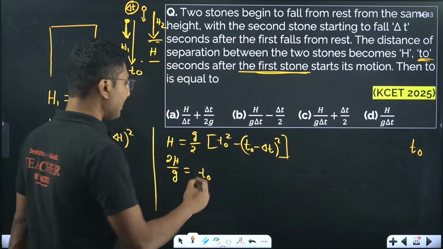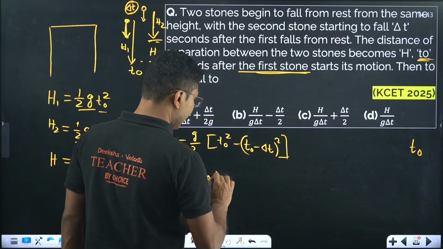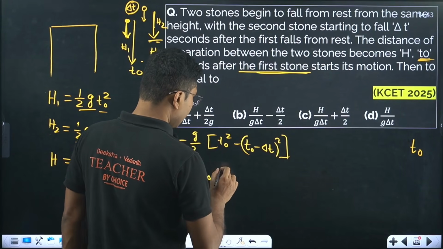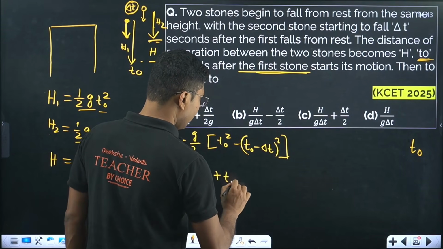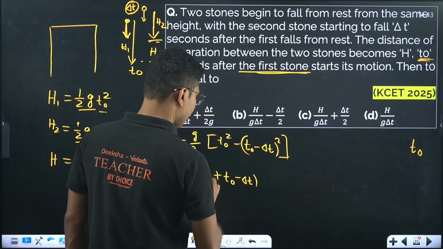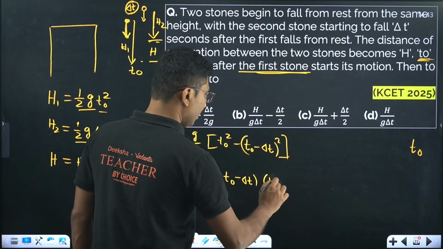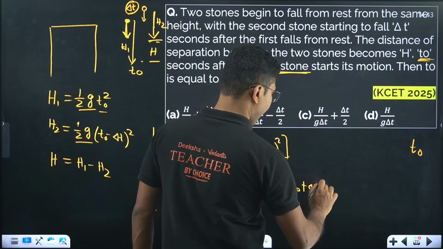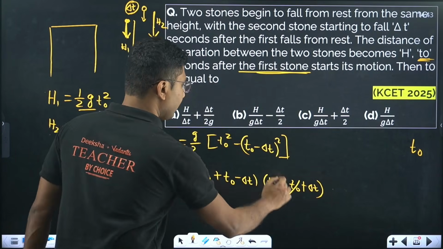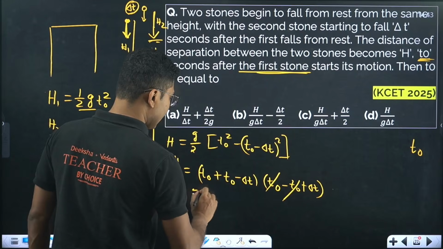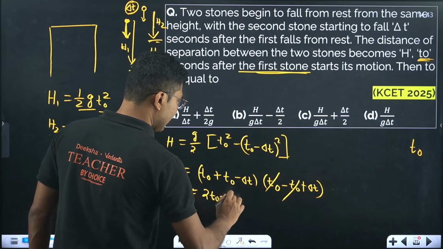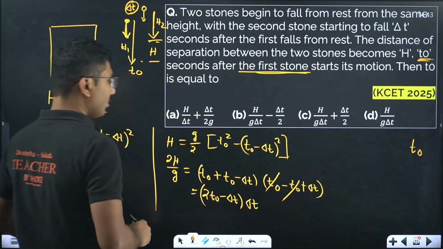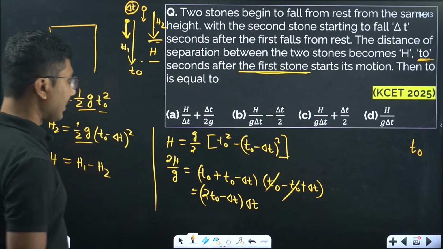We can apply a plus b, so a plus b is t naught plus t naught minus Δt, into a minus b, which is t naught minus t naught plus Δt. Obviously t naught cancels, and you can write this as (2 t naught minus Δt) into Δt.